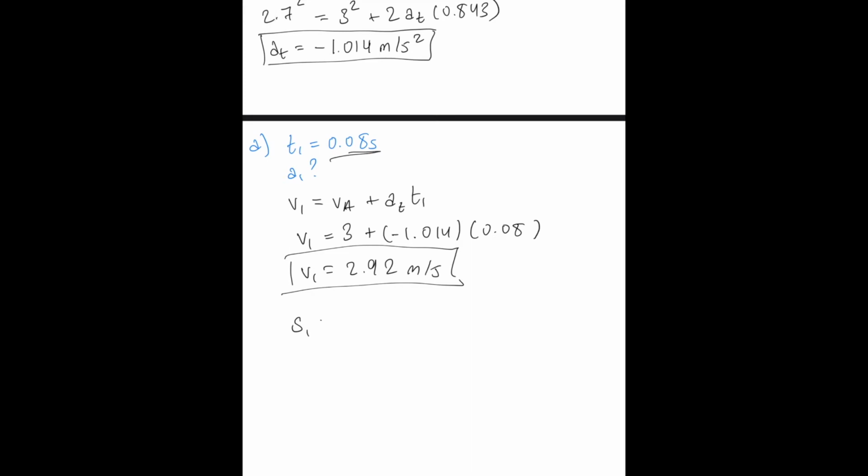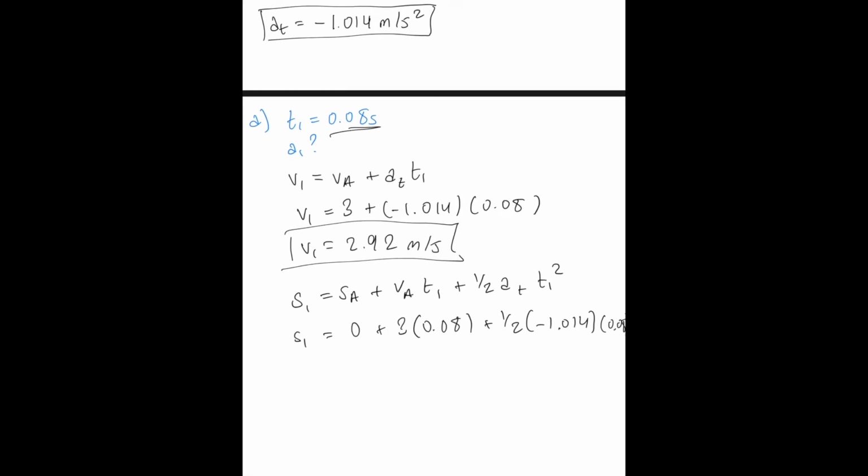So we have S1 is going to be equal to S_A plus v_A t1 plus half a_t t1 squared. We plug in our known values, and we get S1 is 0.236 meters.